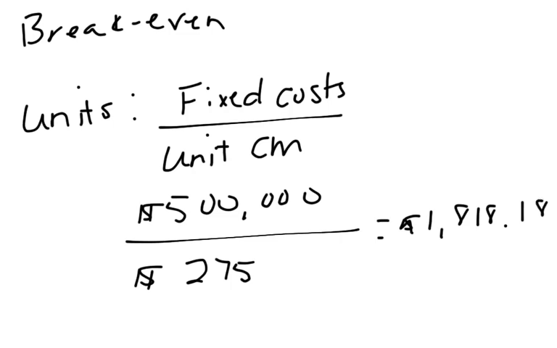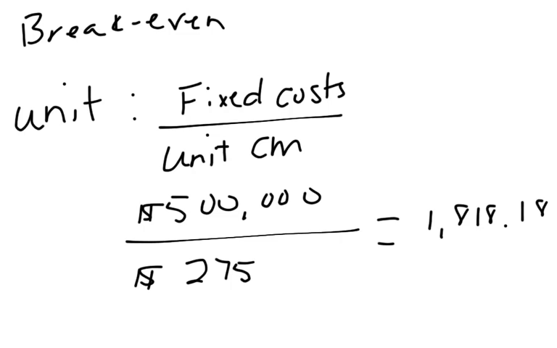So that means that, oh, you know what, I said units. I didn't do units, did I? Yes, I did. Oh no, now I'm going to confuse everybody. Stop. Let me erase. Hang on. This was units. I was looking at the wrong thing as I talk. Yes. This means that I would have to sell approximately 1,818 units to break even.